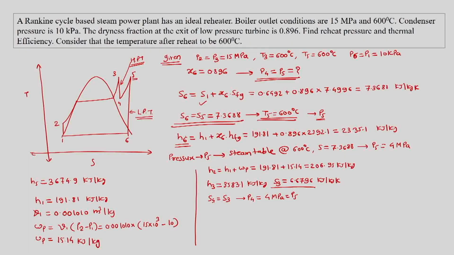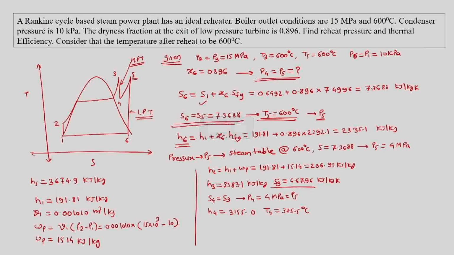So here we will get H4 is equal to 3155.0, since T4 turns out to be 375.5 degrees Celsius. So we can go ahead and do the next calculations, which are for Q in.